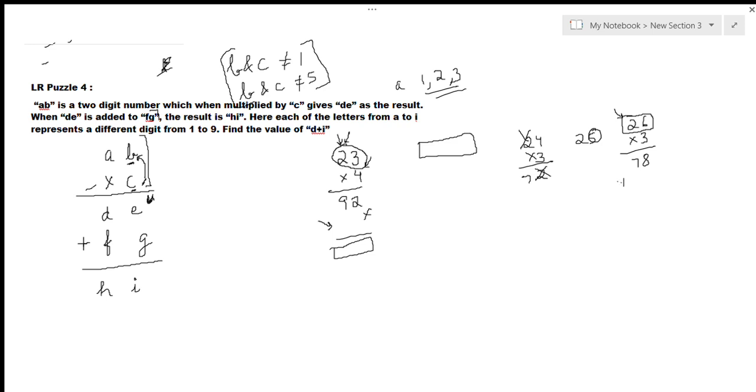The smallest number that I can add here will start with 4, because I've taken 2 and 3. So 78 plus 40-something will give us a 3-digit number. So I guess now it is clear to everyone that we cannot take a larger number here, because ultimately it will result in a 3-digit number.